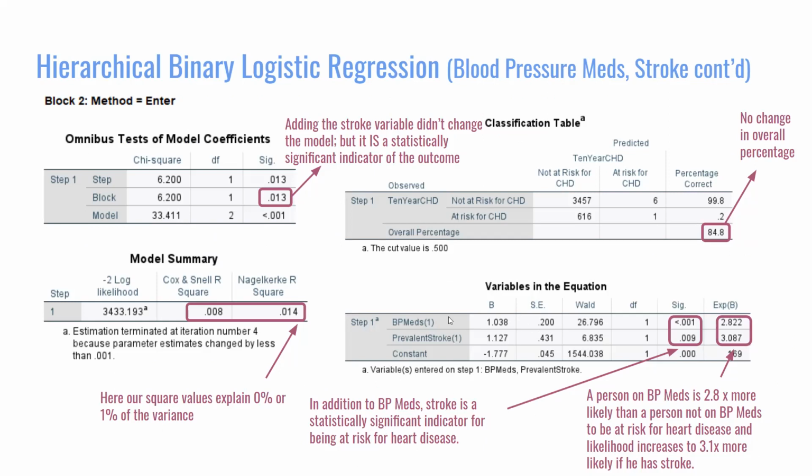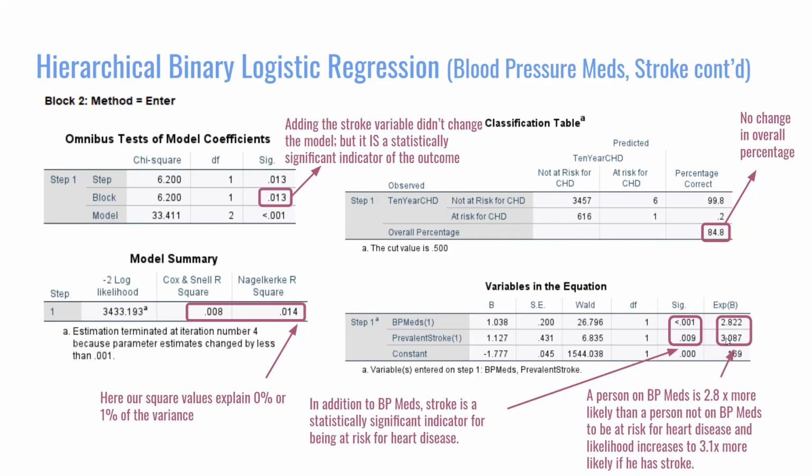And for the variables, significant, I'm sorry. In addition to BP meds, stroke is also a statistically significant indicator for being at risk for heart disease. And this value shows us that a person on BP meds is 2.8 times more likely than a person not on BP meds to be at risk for heart disease.